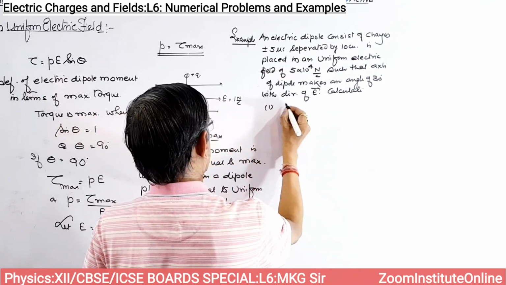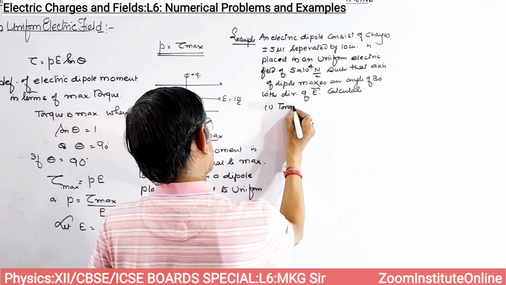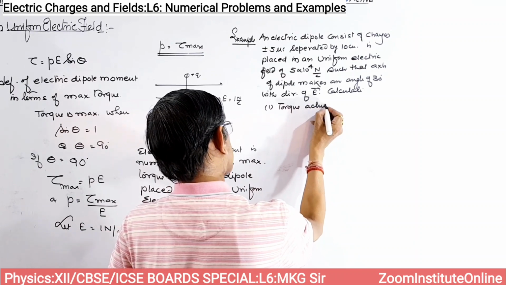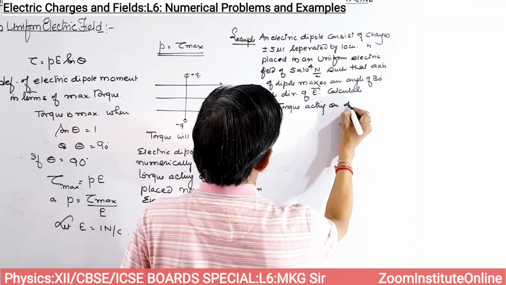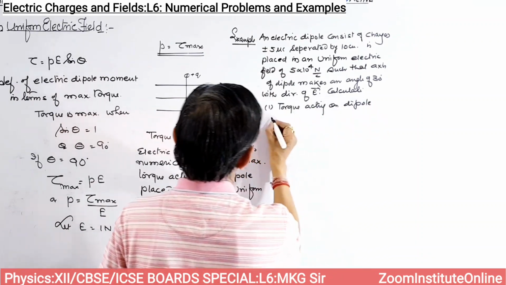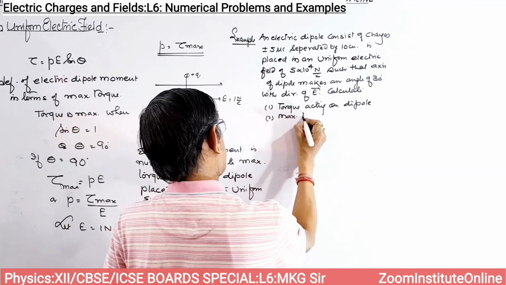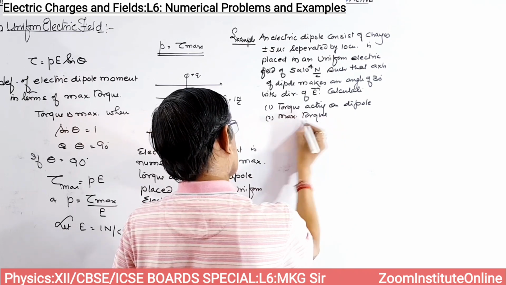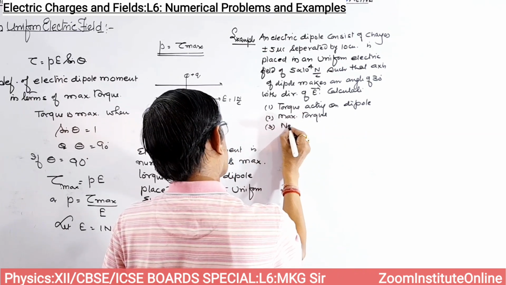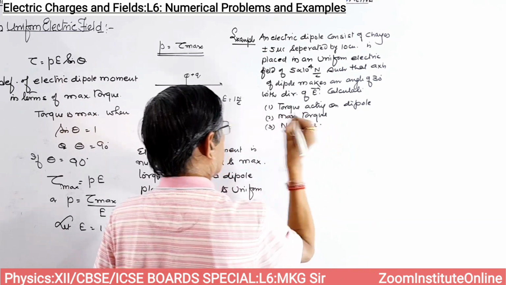Calculate number 1 torque acting on dipole, number 2 maximum torque, and number 3 net force.